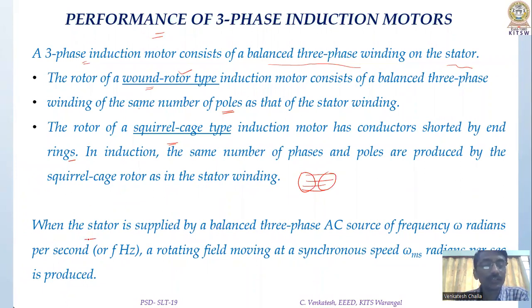When the stator is supplied by a balanced three-phase AC source of supply frequency omega radians per second, a rotating magnetic field moving at synchronous speed omega ms radians per second is produced.